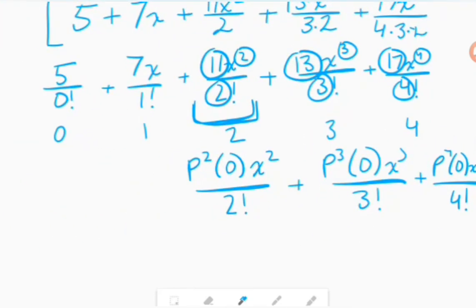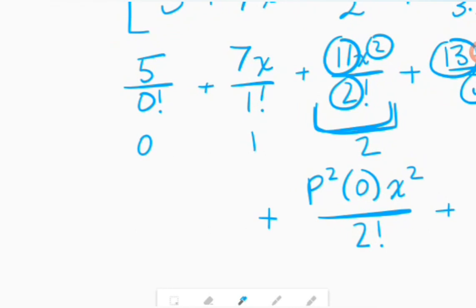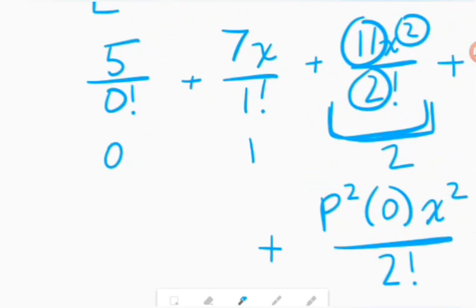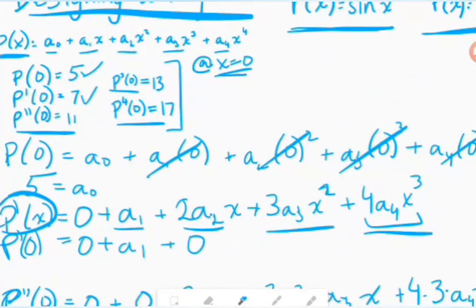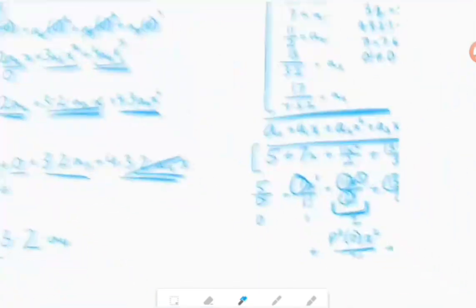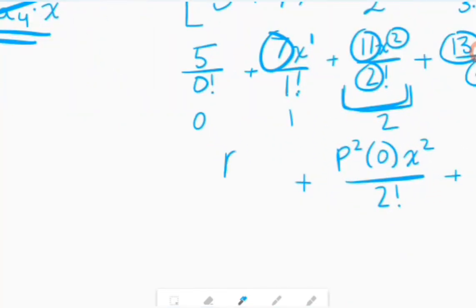All right, that looks like a pretty considerable pattern, but what about these first two terms over here? Well, I wrote 1 factorial on the bottom for a reason. Technically, this is x raised to the first power, and that's over 1 factorial. And 7 is the value of the first derivative of p at x equal to 0. So this would be p prime of 0 times x to the first over 1 factorial.